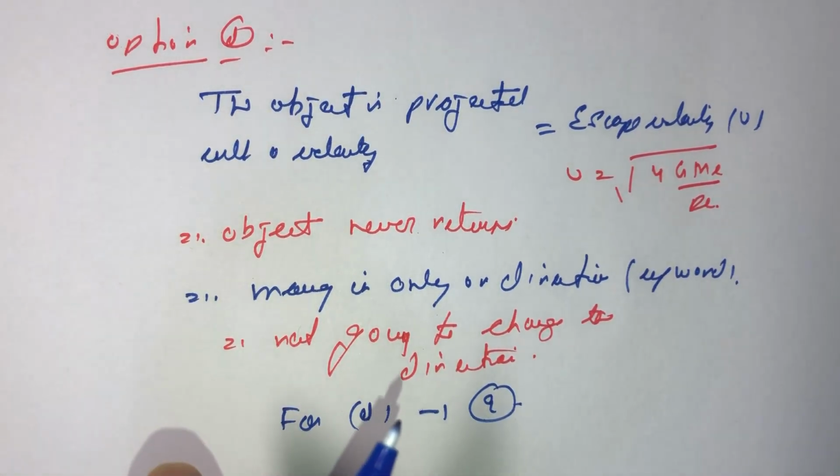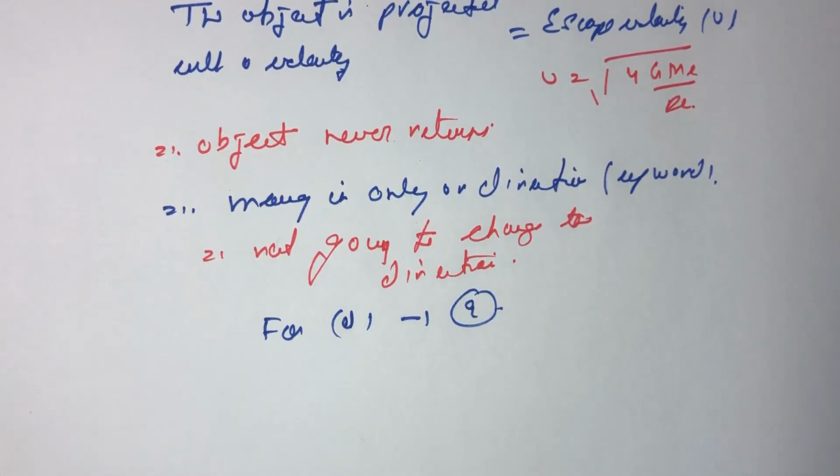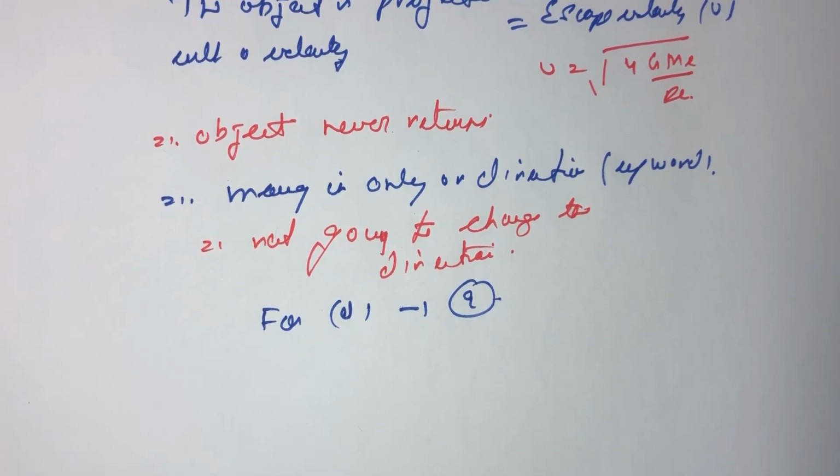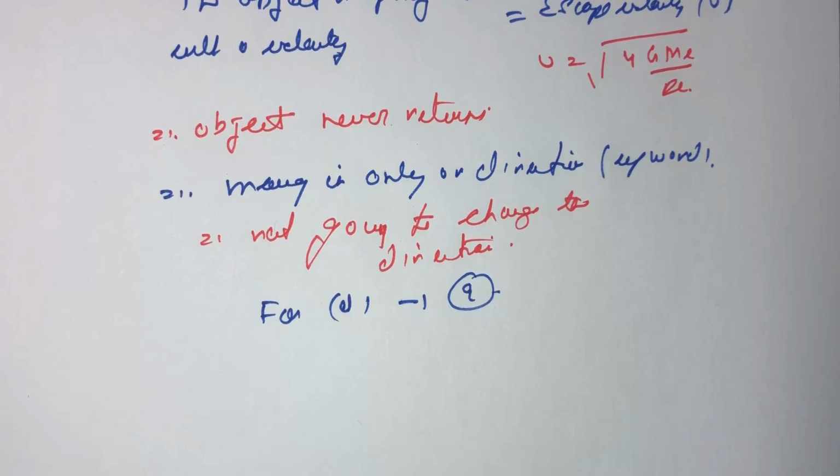And let us find out about its kinetic energy. So as the object is going to move further away from the Earth, the gravitational potential energy is going to increase, and the kinetic energy is going to decrease.